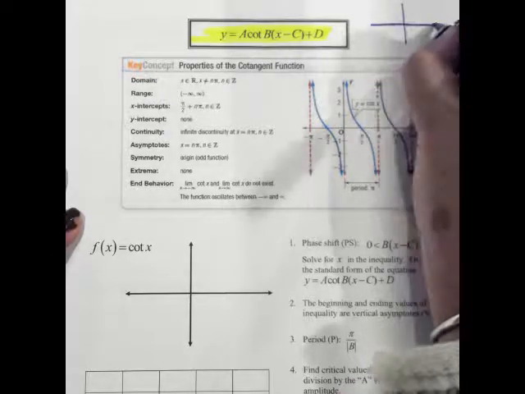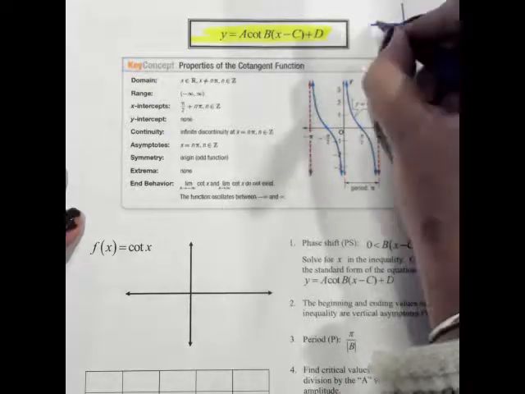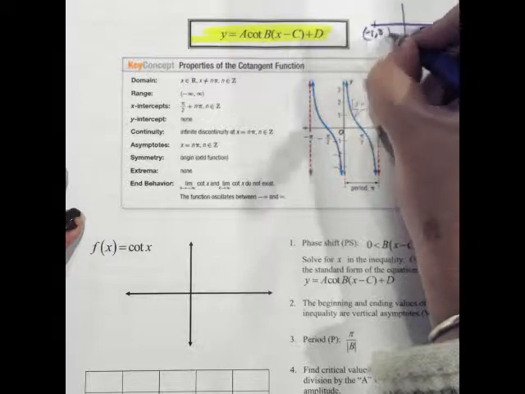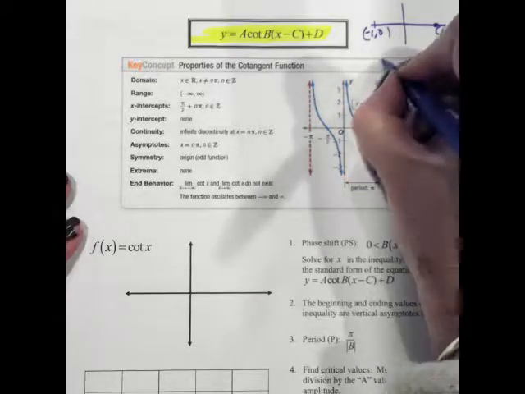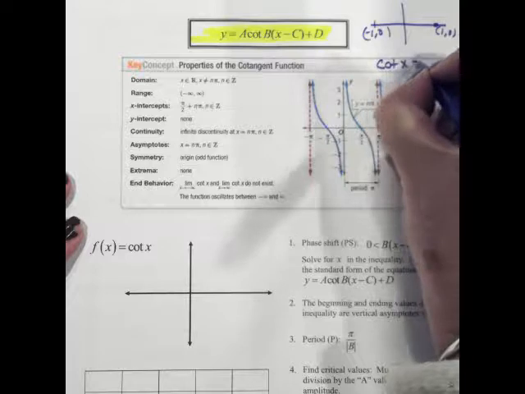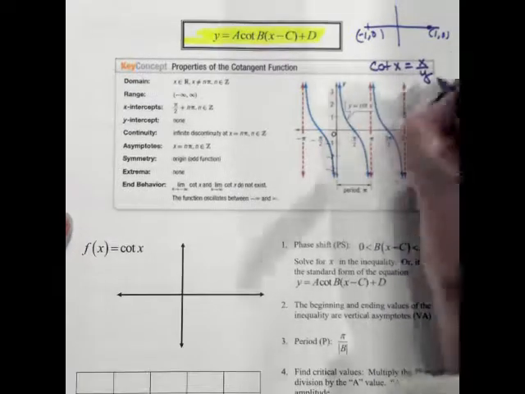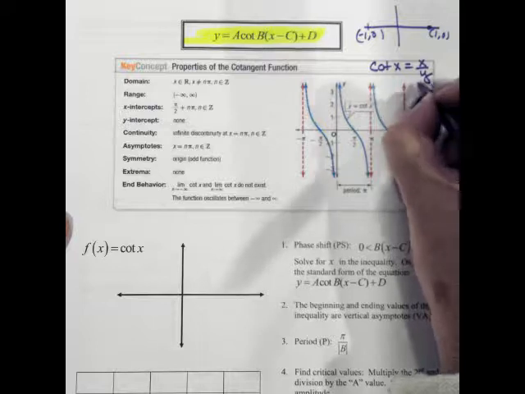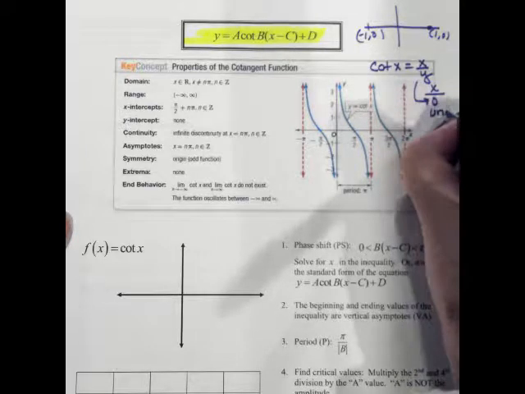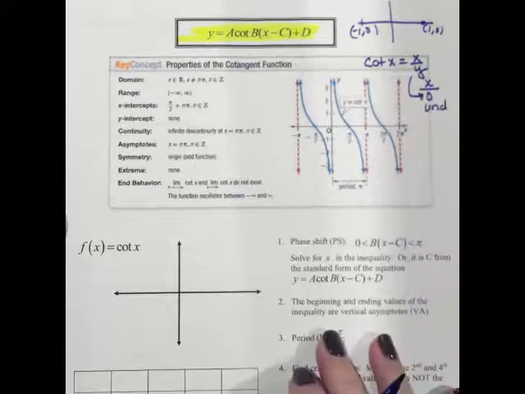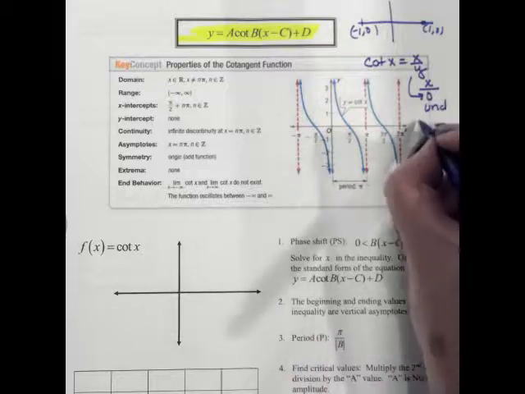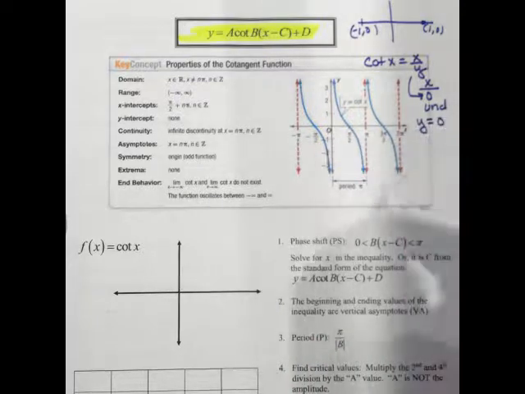Again, think about your unit circle. We know that tangent was y over x. Remember, cotangent of x is then going to be the reciprocal, x over y. So again, anytime you have a 0 in the denominator, it's going to make your function undefined. So cotangent is going to be undefined any place where y is equal to 0.